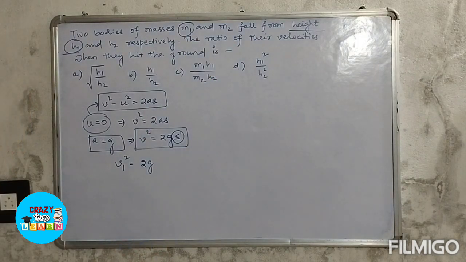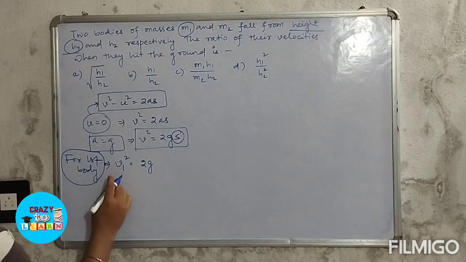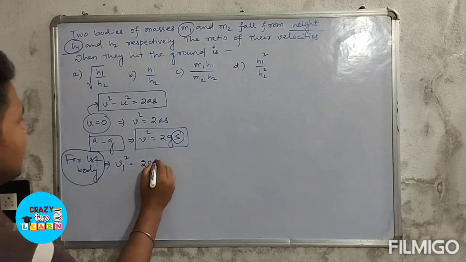So for the first body, v1 square is equal to 2g h1.